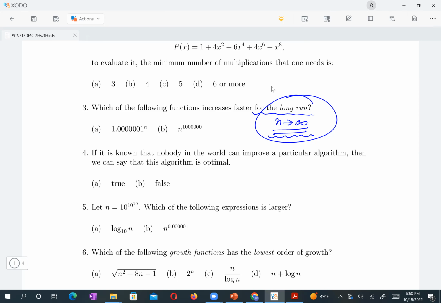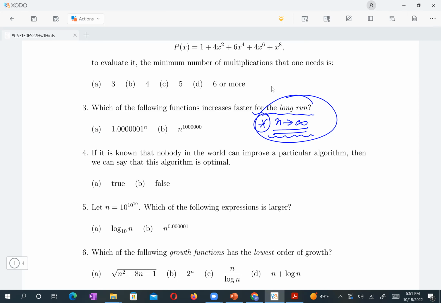So if you make your conclusion based on the graphs or your experiment results, very likely you cannot get a correct answer. The main reason is it's hard to go to infinity.